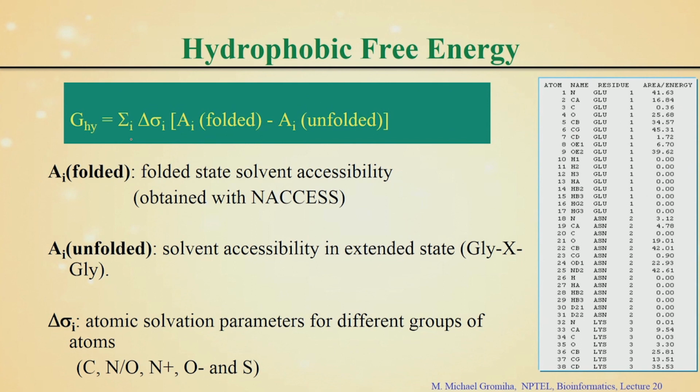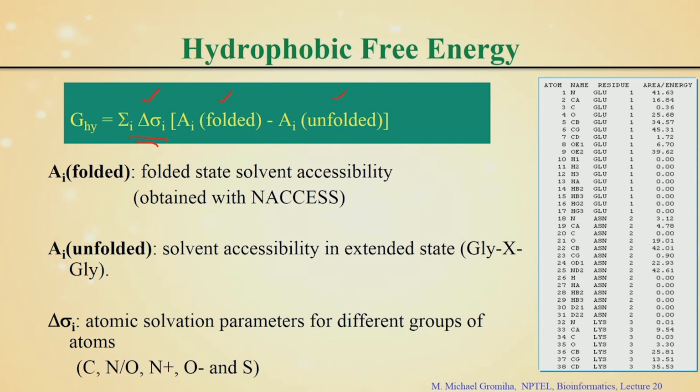So when you get the delta sigma I, now we can easily calculate GHY, because we know the ASA folded and we know the ASA unfolded. Now I give data, for example, for a particular protein you run NACCESS and then you can get the folded set ASA.